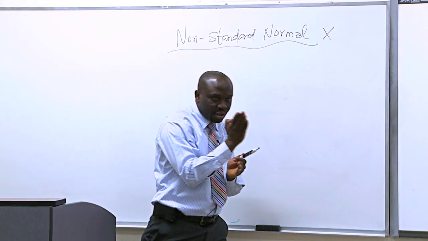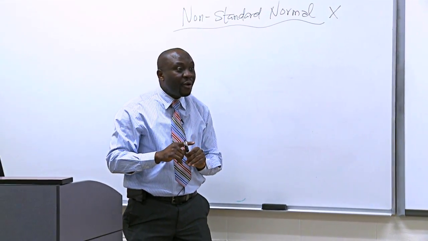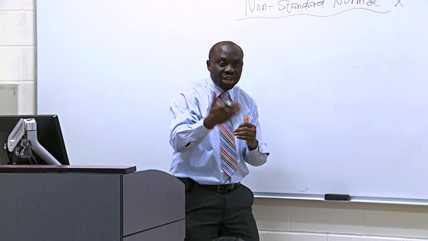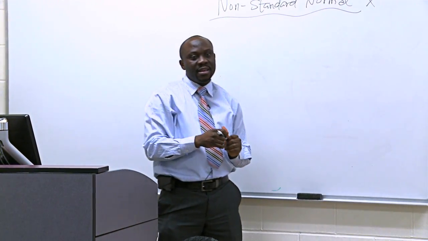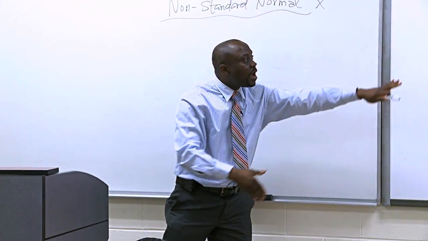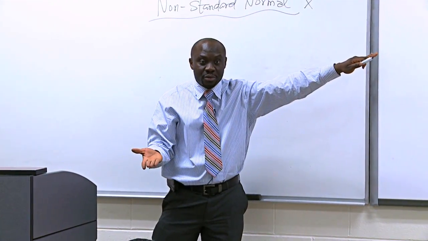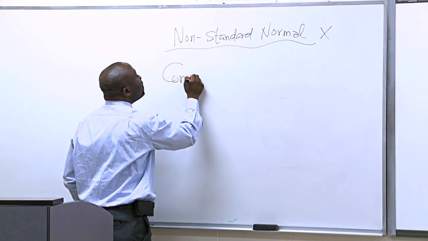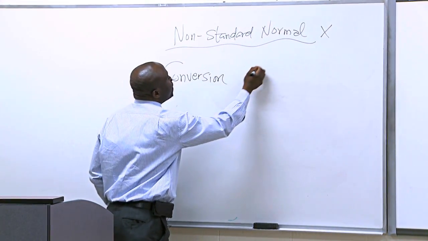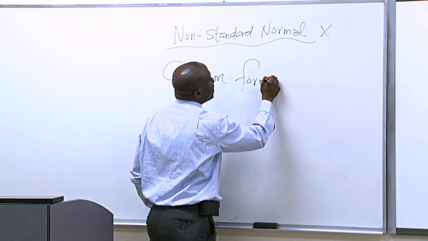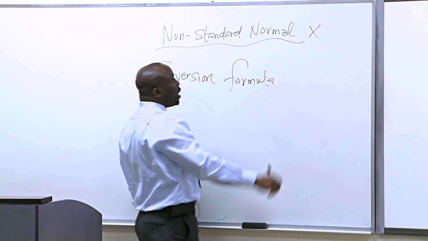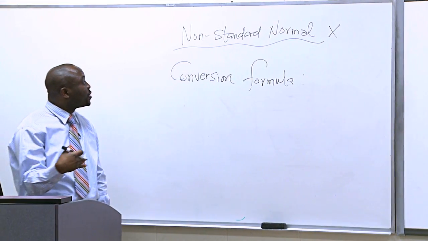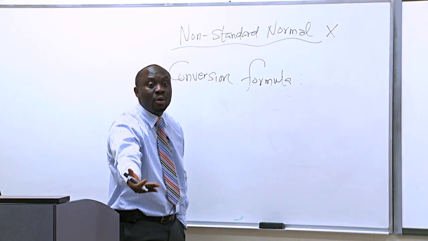If we are going to change it, then we need a conversion formula: how to change X to Z. Because anytime it's changed to Z, everybody knows how to find the probability from the table. Right? So we will start with what we call the conversion formula, converting non-standard normal to standard normal.